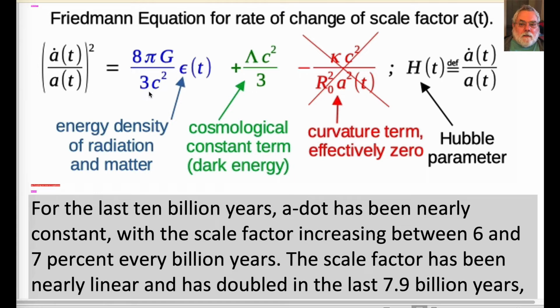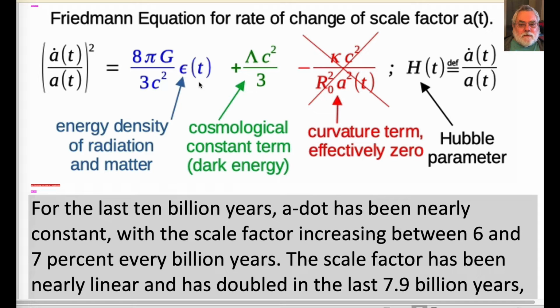The first term on the right-hand side, in blue, is the total energy density of matter and radiation, for example, light, in the universe, which is always positive. The energy density of matter includes rest mass energy, using E equals mc squared, so any kinetic energy of atoms is inconsequential here.